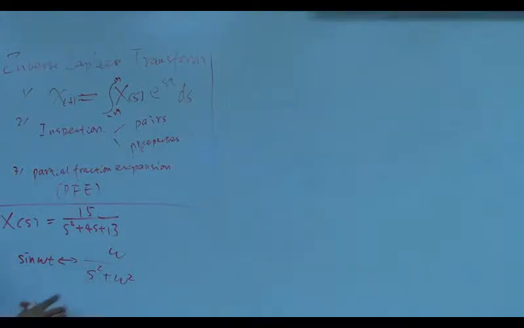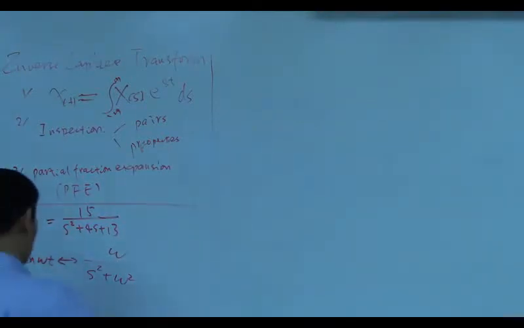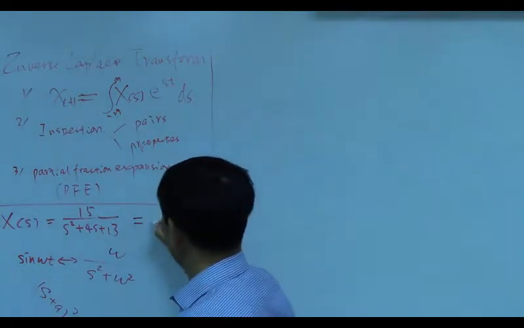This s cannot be exactly s, it must be s plus some constant. If we have this term, then this gives us s squared plus 2a times s. So that looks very similar to this one. So this s may not be exactly a simple s. It will be s plus something. Does that make sense?